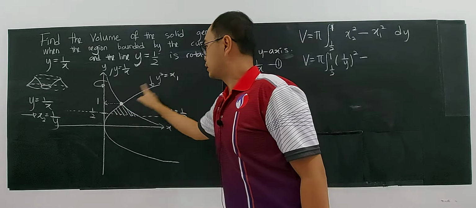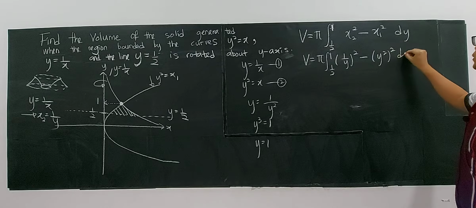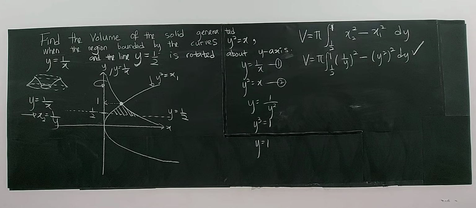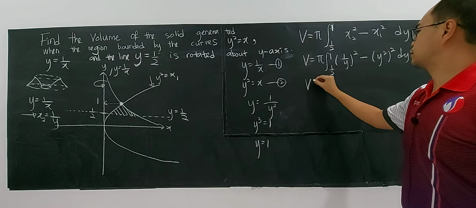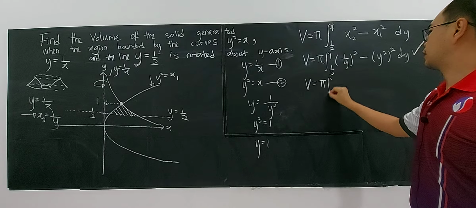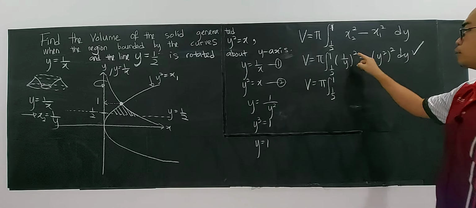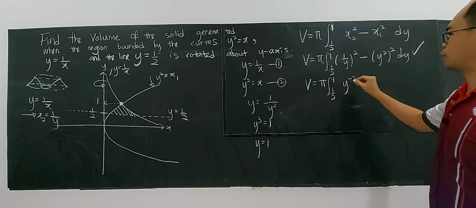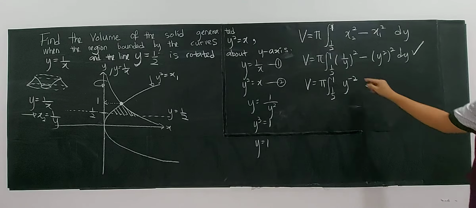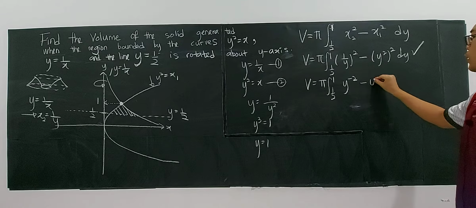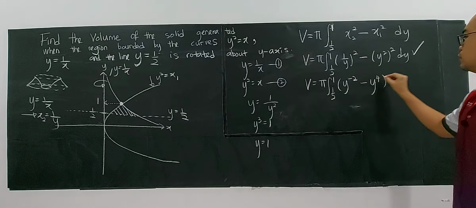Now this is the most important part, as you define the volume for this problem. So let's calculate. We have pi times the integral from 1 over 2 to 1 of 1 over y squared, which is y to the power of negative 2, as you will need this when you integrate using the basic rule, minus y to the power of 4, dy.